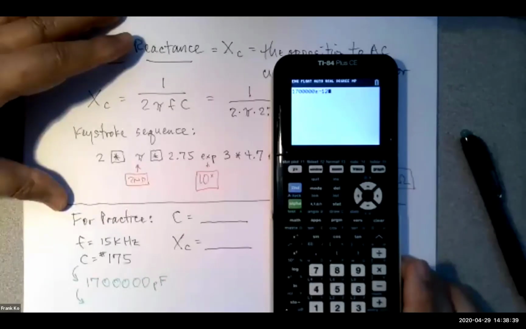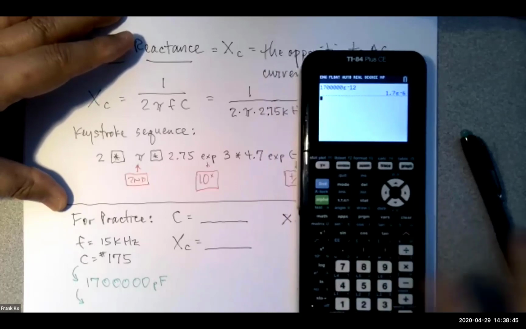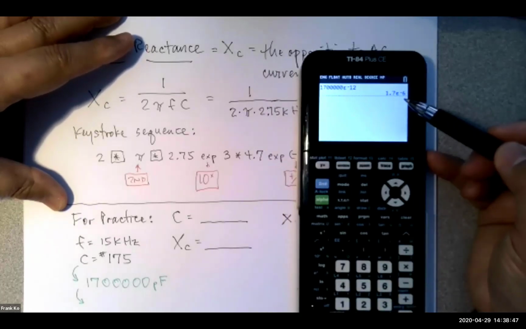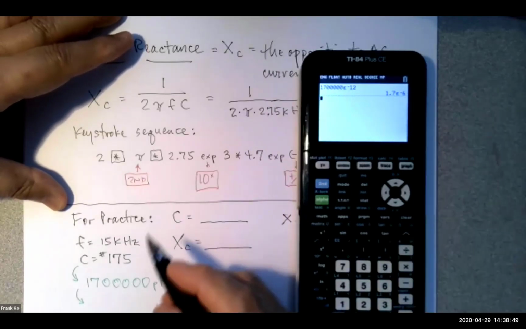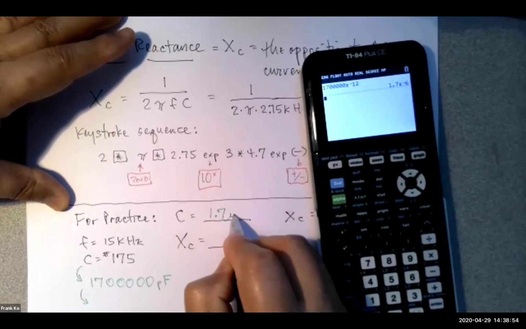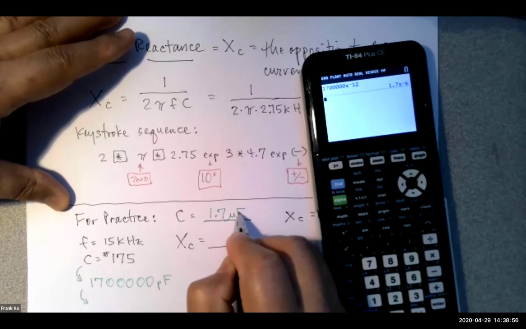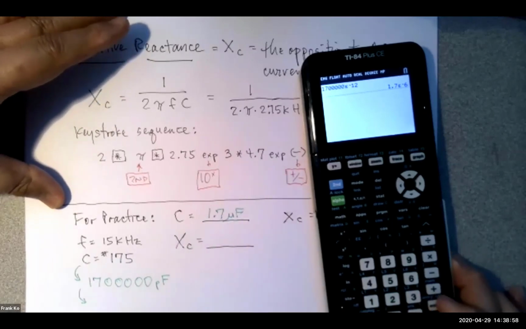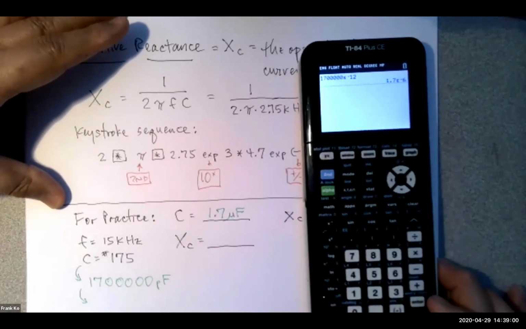That is engineering -6, micro. All right. So how many people agree we end up with 1.7 engineering -6? So we would write down 1.7 micro followed by farad. Is everybody okay with that interpretation and that process?